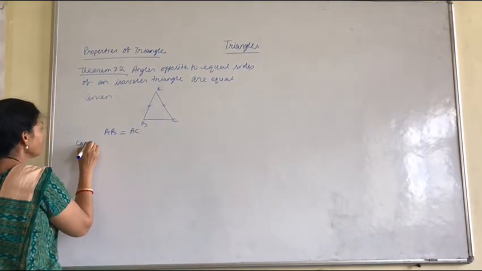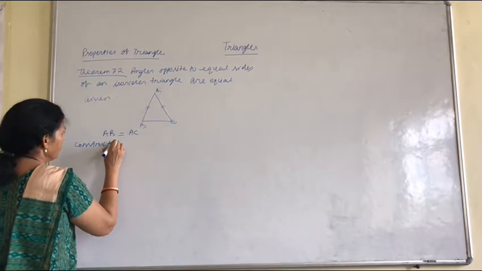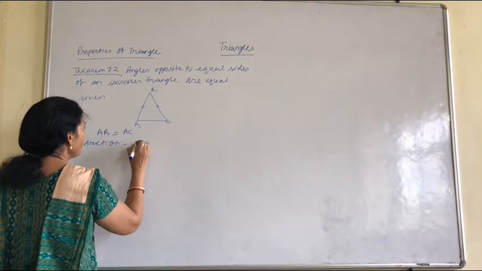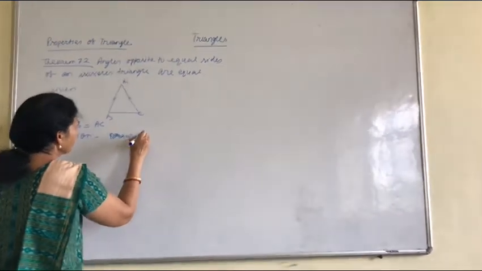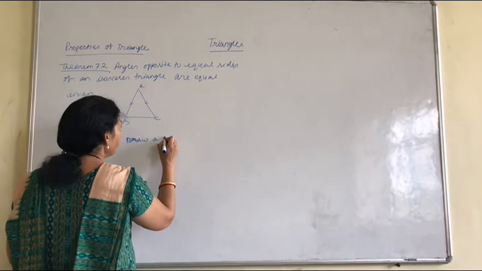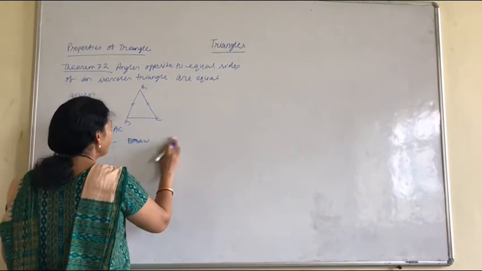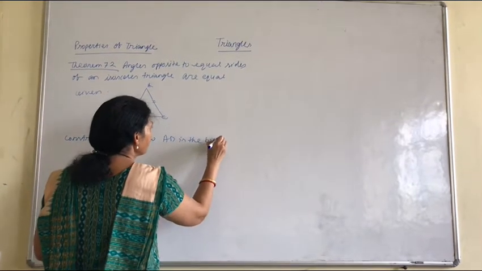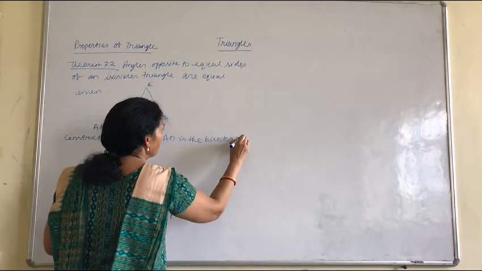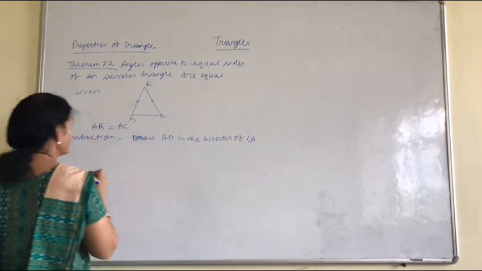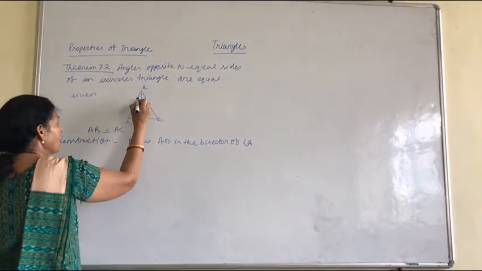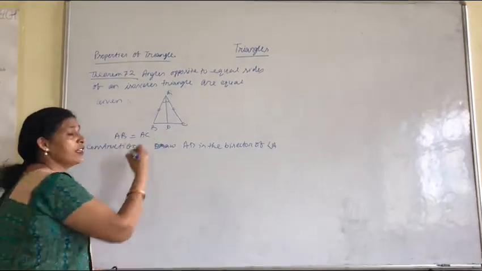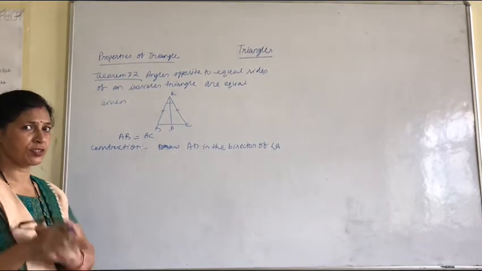Now construction: draw AD, the bisector of angle A. AD is the bisector of angle A, you have to construct.